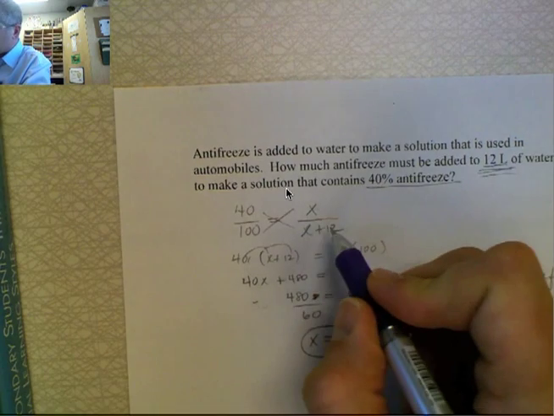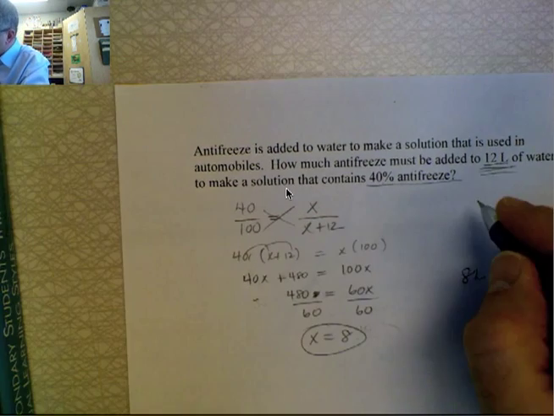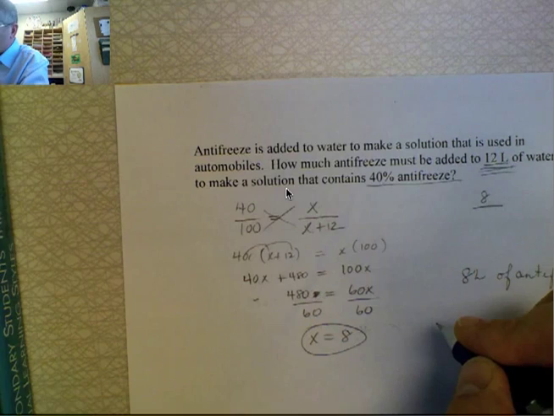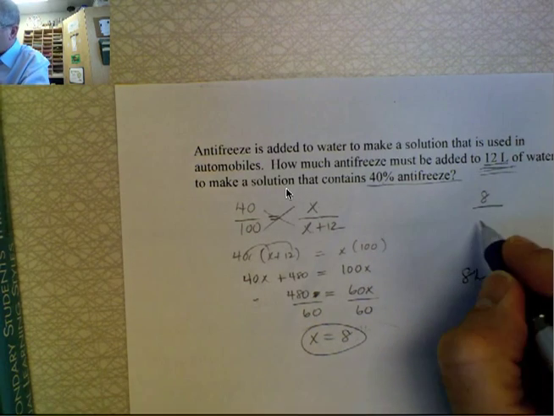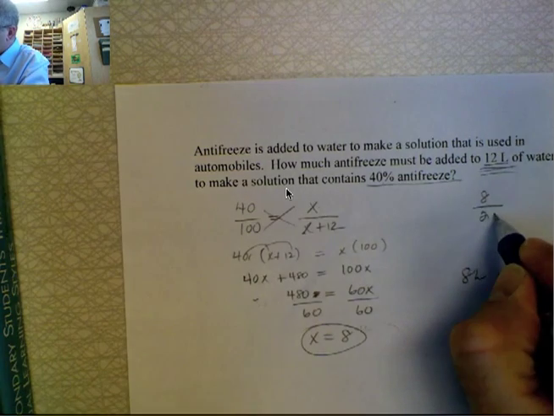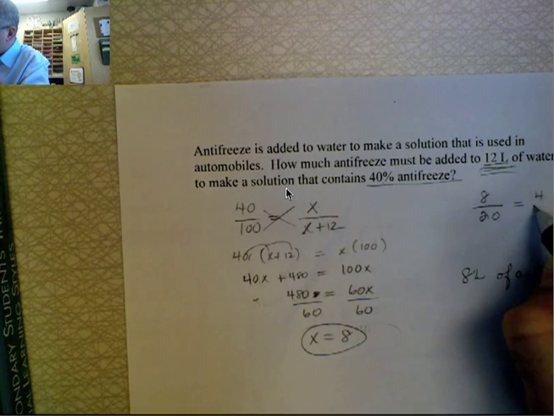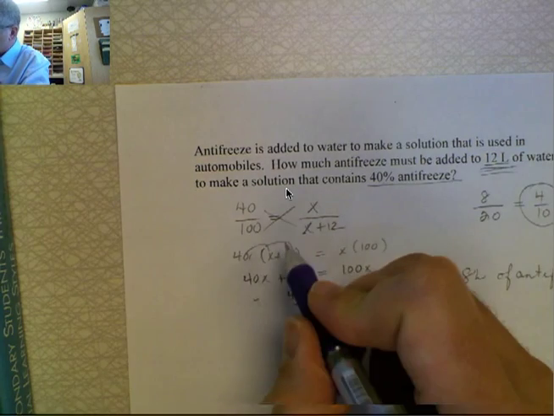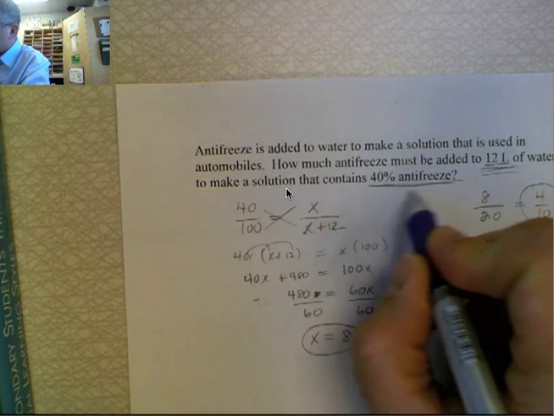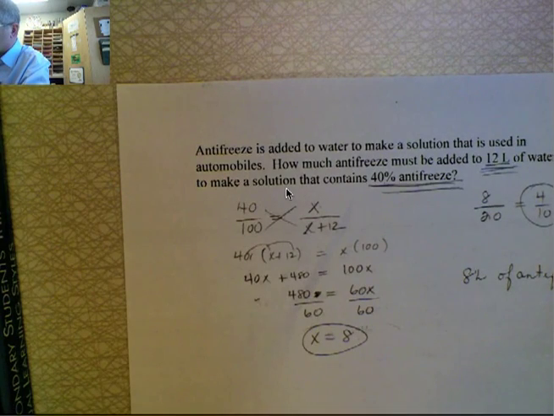And if we compare this back to the original question, if we put 8 in for x, 8 plus 12 is going to give us 20. And if we simplify this, this does in fact give us 4/10 or 40%, which is what the solution needs to be. So there's our check.